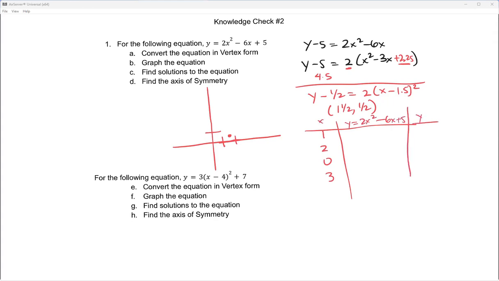So y is equal to 2 times 1 squared minus 6 times 1 plus 5. 1 squared is 1, times 2 is 2, minus 6 plus 5. This is -4 plus 5, which is 1. So both the 2 and the 1 will have a y value of 1.